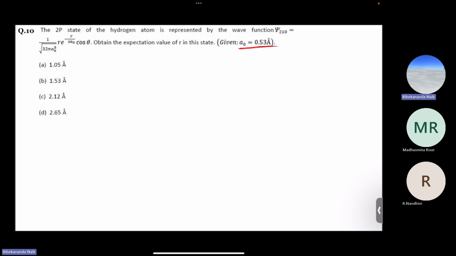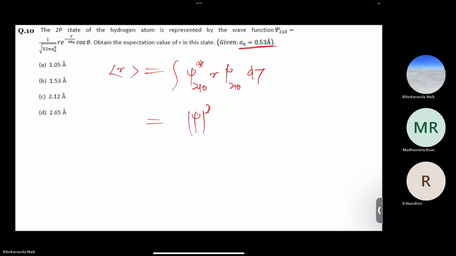Yes. So how will we solve it? Similarly, the expectation value of r will be the integral of psi star 210 r psi 210 d tau, that is, psi square r d tau.